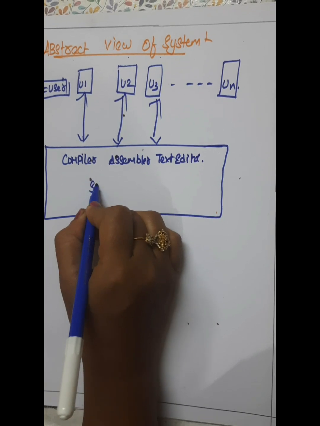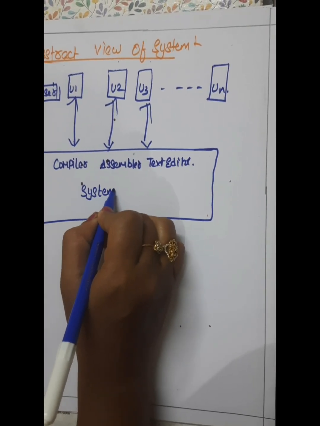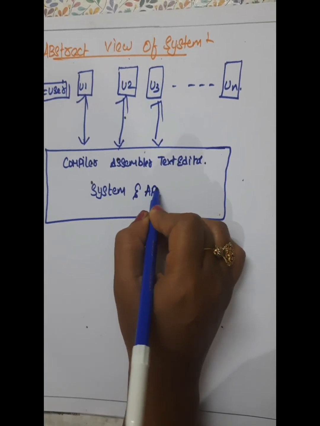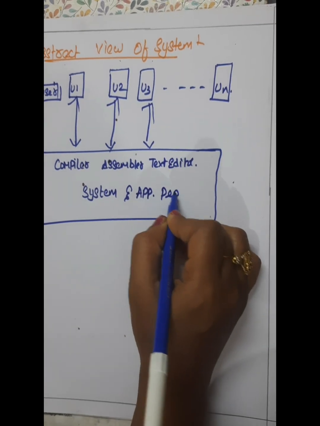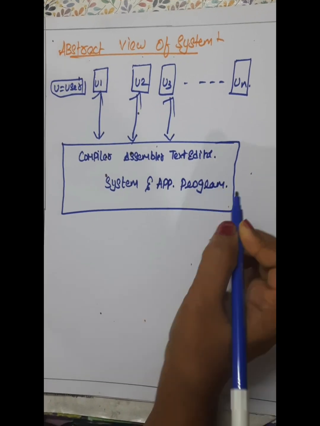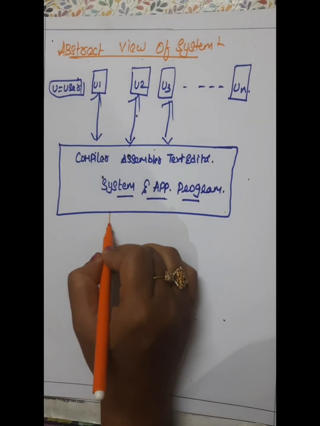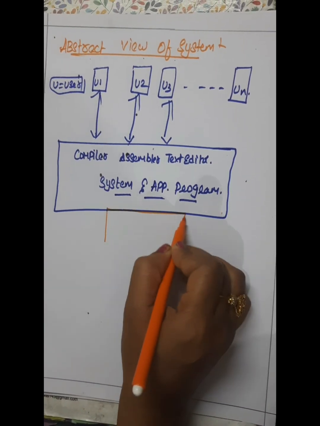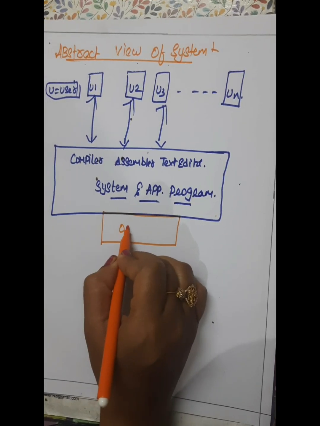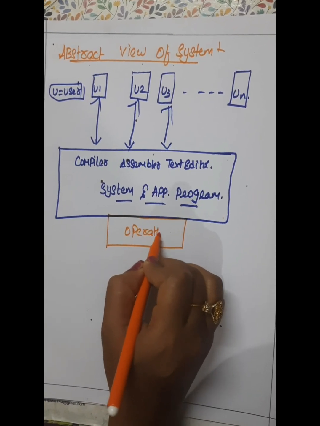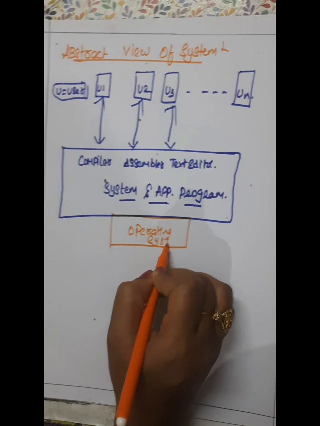Okay, here what do the boxes mean? The system and the application program. I already explained in part 1 what the system and application program are. Here you can find OS, that is operating system.